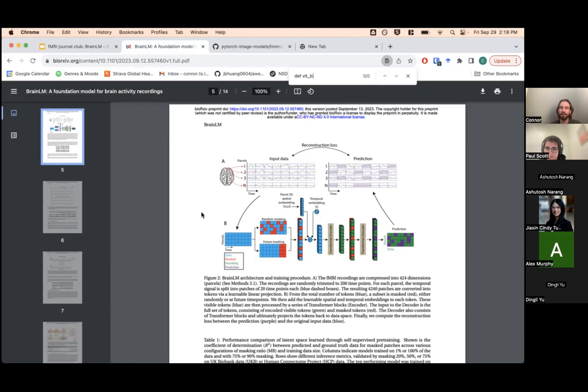The main difference, like Dingling was just discussing, is that they have a long time window, and to compensate, they average over the spatial dimensions within each parcel, whereas we're preserving the spatial dimension and we have a shorter time window. This is an interesting difference, and it remains to be seen which approach is better in what context.